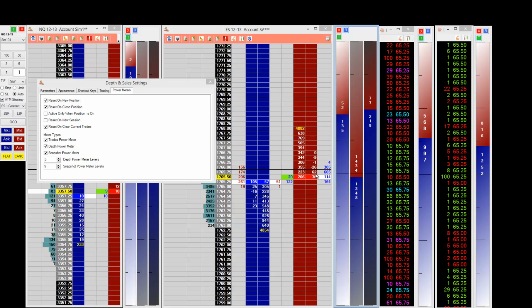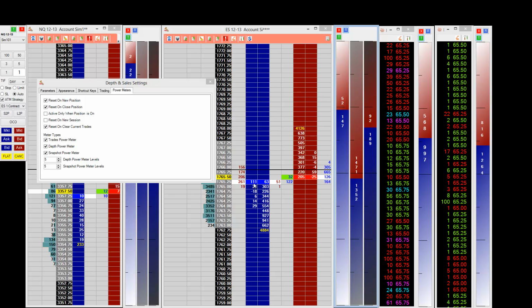On the offer side, if you are adding an order to the offer, it will go up here. But also, if you're subtracting from the bid, it also goes up here. So we say, if you're taking some off the bid or you're adding to the offer, that's bearish and it goes up here.